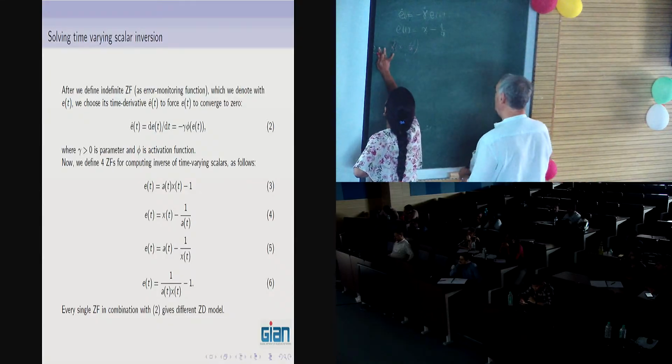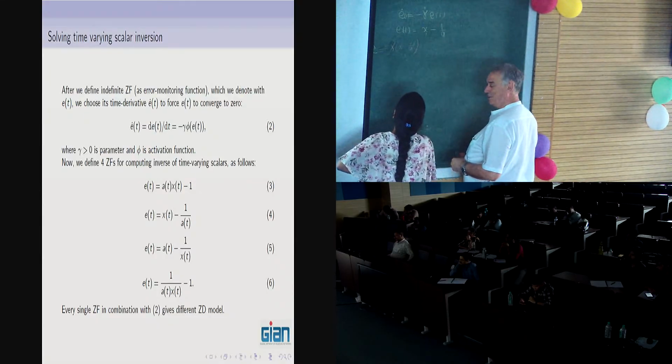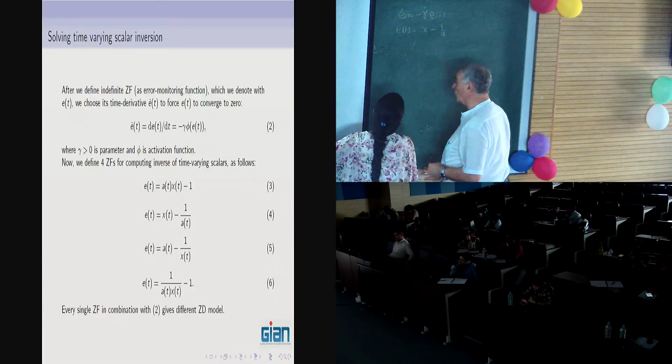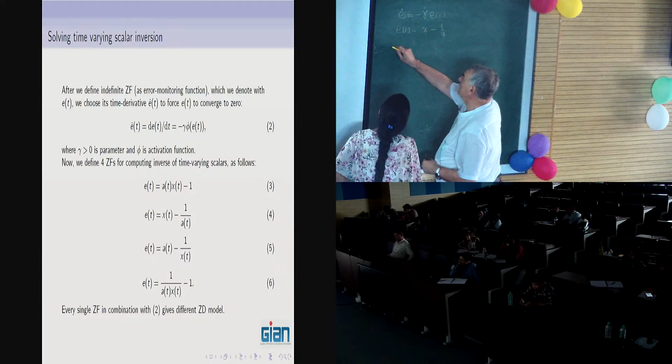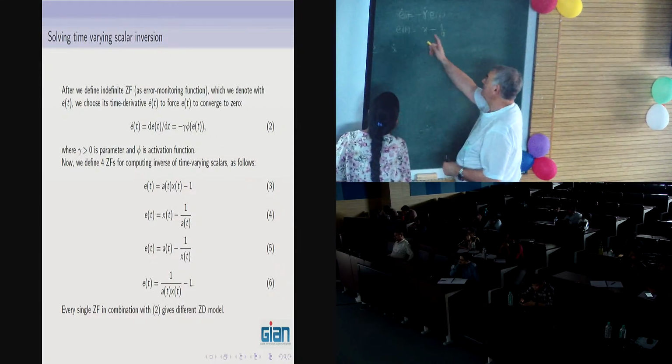But we first need to compute E dot. It is x dot. Then we need plus.